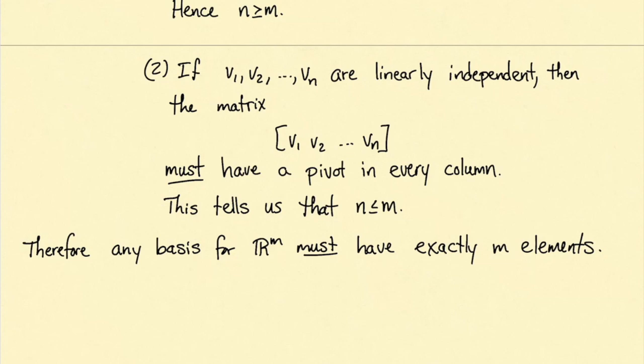Now, to go back to our introduction to Rm, we recall that we called it m-dimensional space. And we thought about this as m-dimensional space because there were m different directions given by the vectors e1, e2, down to em. So going back to R2, the direction e1 corresponds to our x direction, the vector e2 corresponds to our y direction.